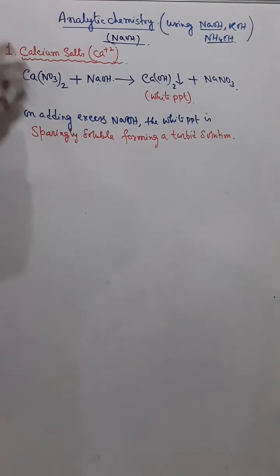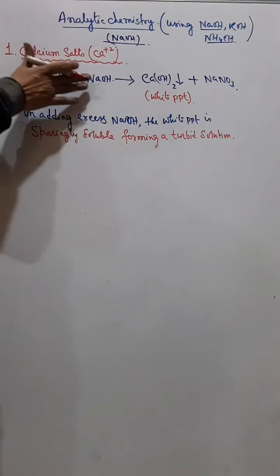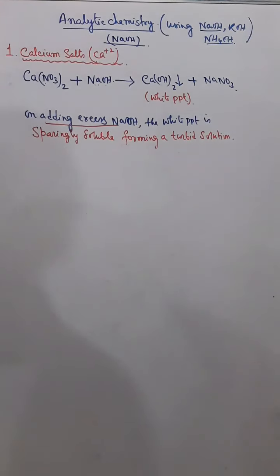Now in all these equations, you have to practice these two things: when we are adding the solution first, like NaOH, what precipitate is formed, and on adding excess, whether that precipitate becomes soluble or remains insoluble. So in every reaction you have to learn and understand this.